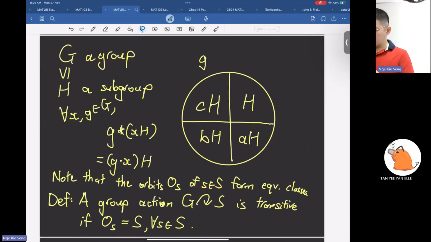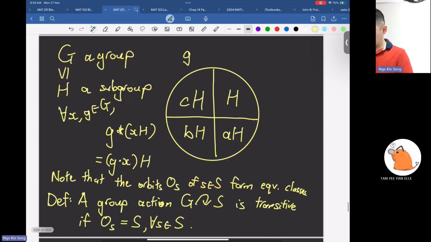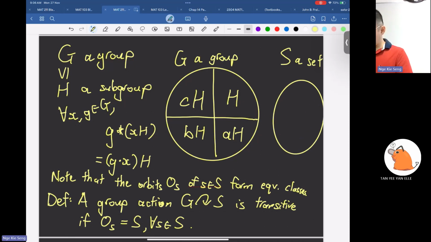So you can slice your G with H, and you can slice your set S with orbits as well, for example, like this: orbit S1, S2, S3, S4, for example.